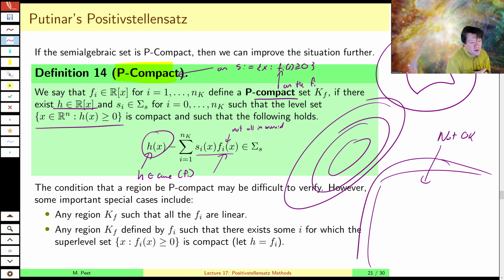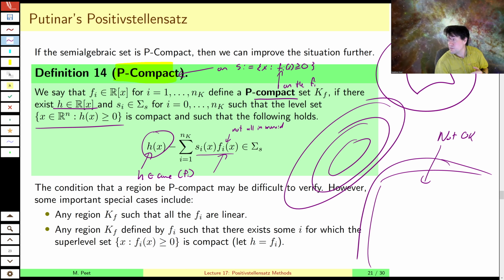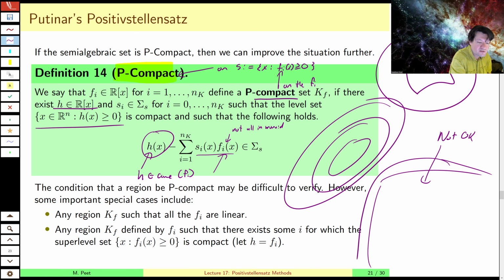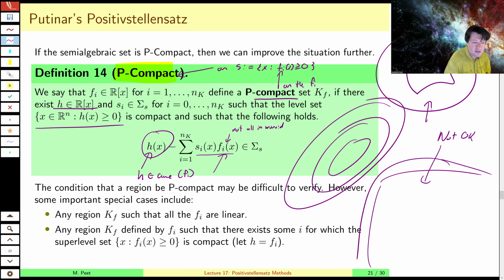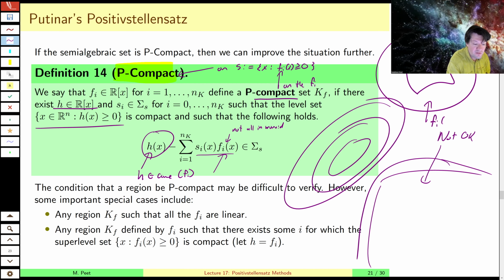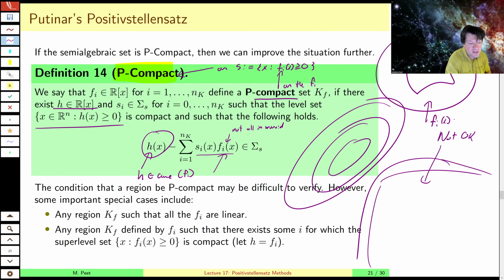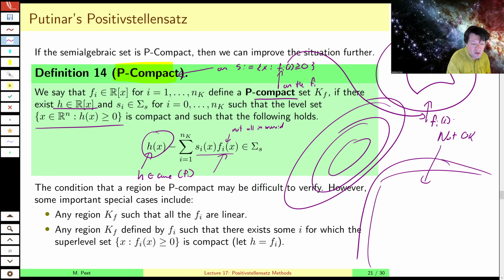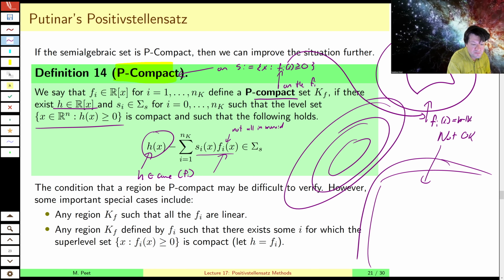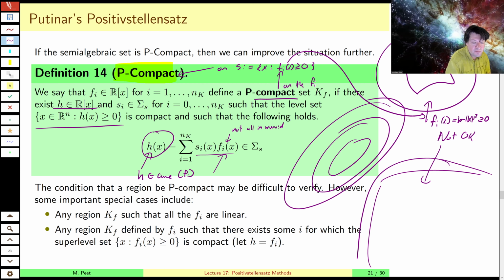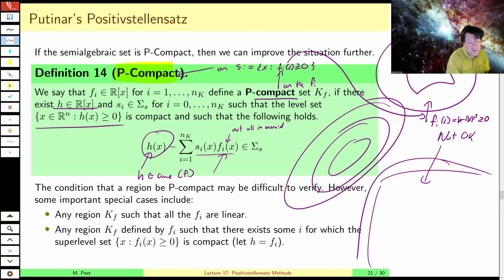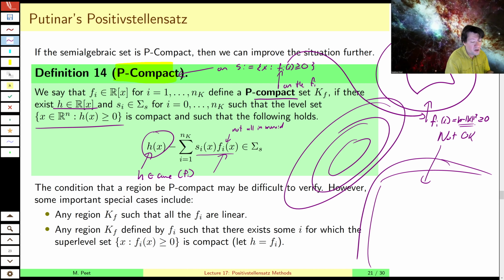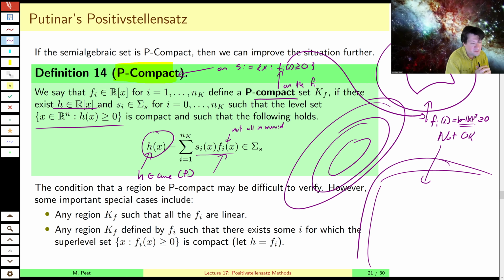It's a bit of a problem because you can always add, oh, I'm sorry, I'm off the screen. Sorry, down there. So if one of the elements of the representation was the unit ball, then you'd be done because all of the level sets of this are balls, and so they're all compact, right?